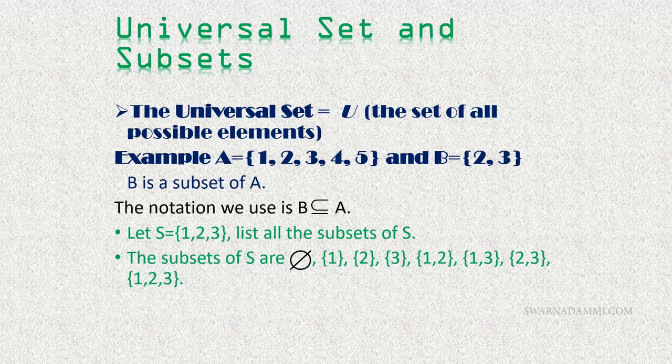Universal set and subsets. The universal set describes the set of all possible elements. In my example, A equals 1, 2, 3, 4, 5 and B equals 2, 3. B is a subset of A. This is the notation we have used here: B is a subset of A.